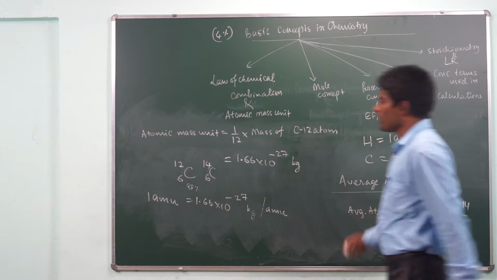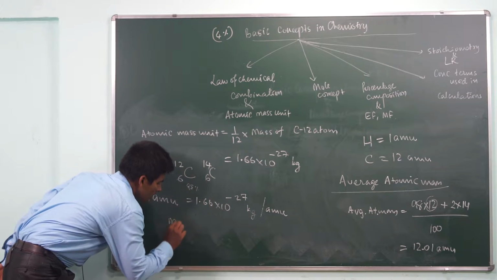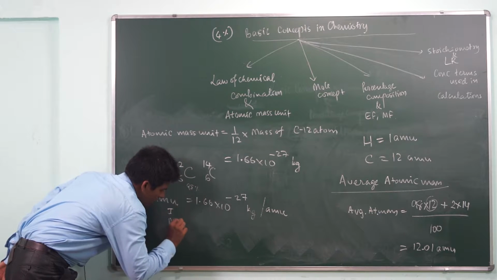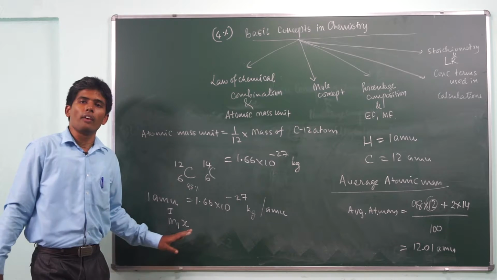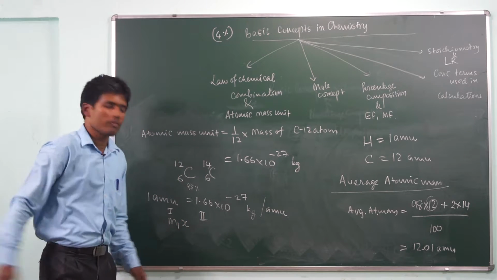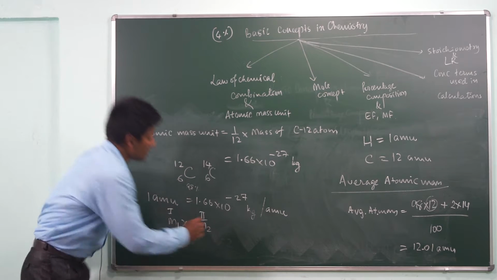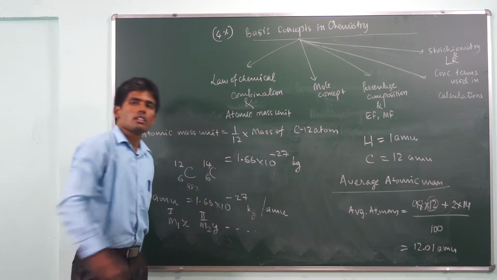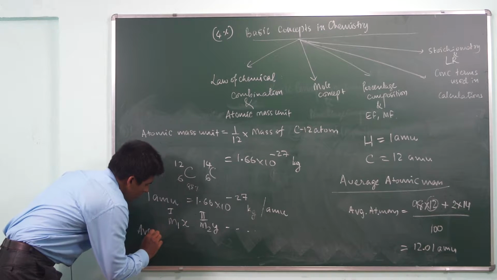Now in general, when I have the atomic mass of isotope 1 as M1 and the percentage availability in nature as X, and for the second isotope the mass is M2 and percentage availability Y, and so on, I just have to take the average of all that.